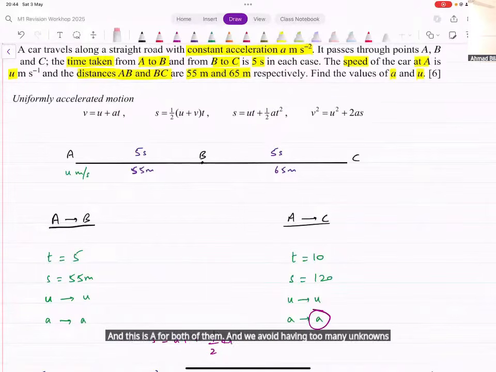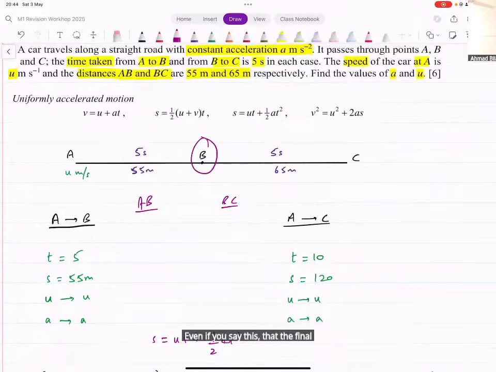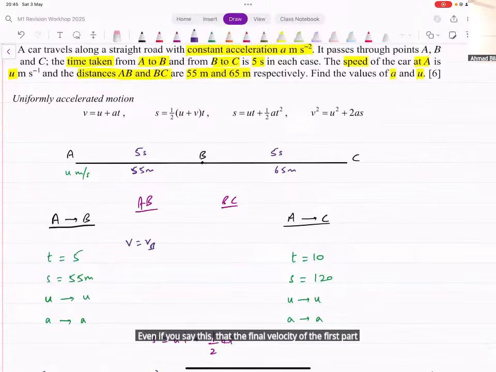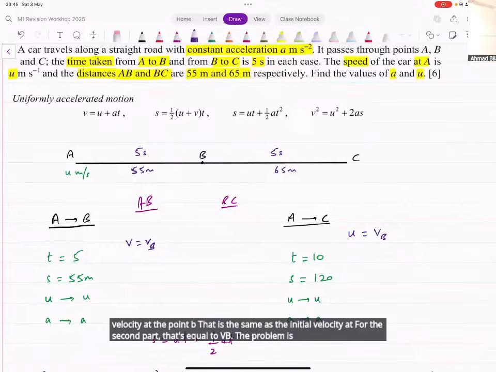If we were to use AB and BC, that would be problematic, because even if you say that the final velocity of the first part, that is the velocity at the point B, is the same as the initial velocity for the second part, that's equal to vB. The problem is that's not what we're looking for.